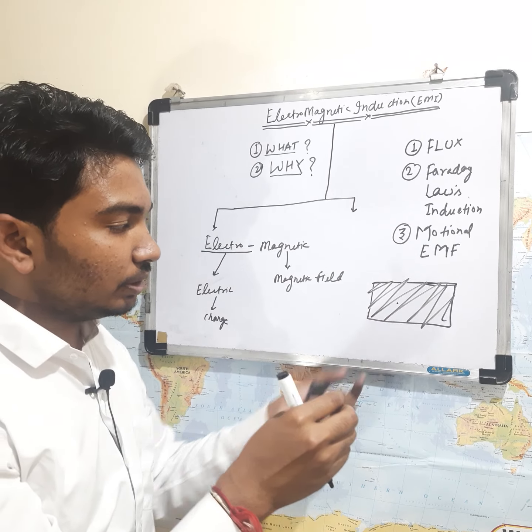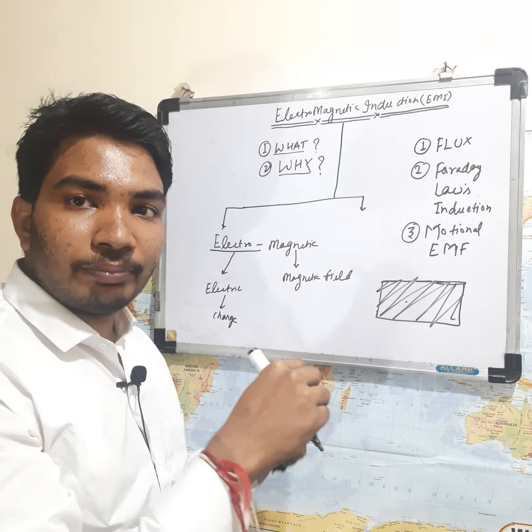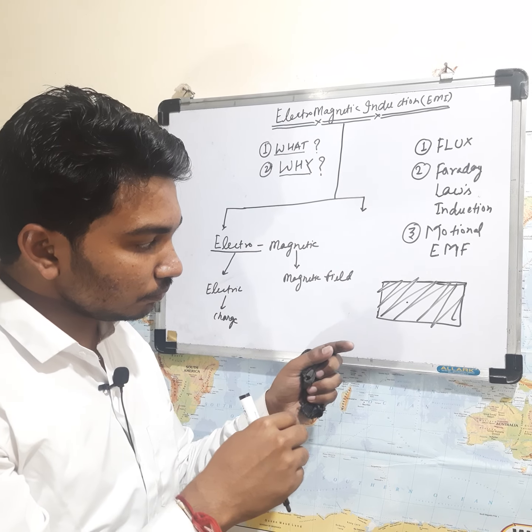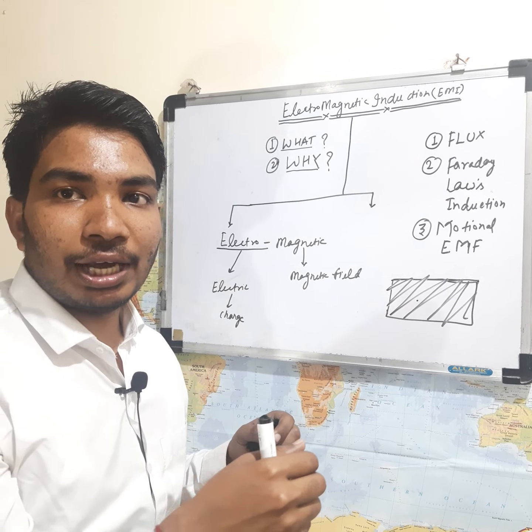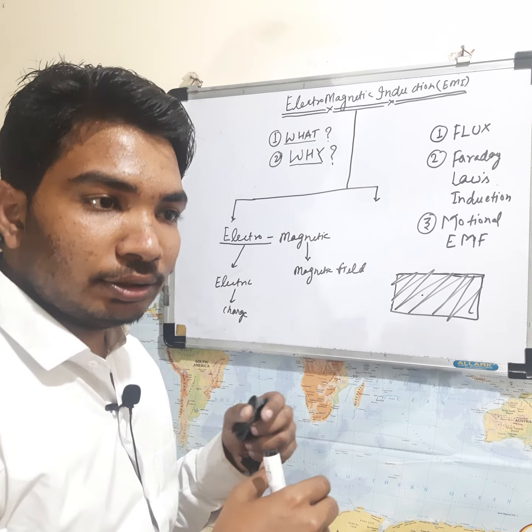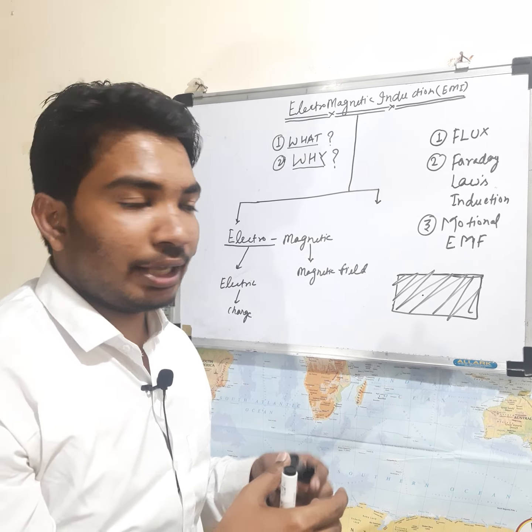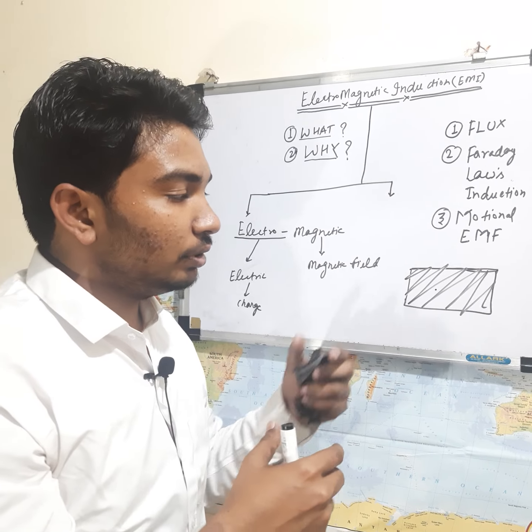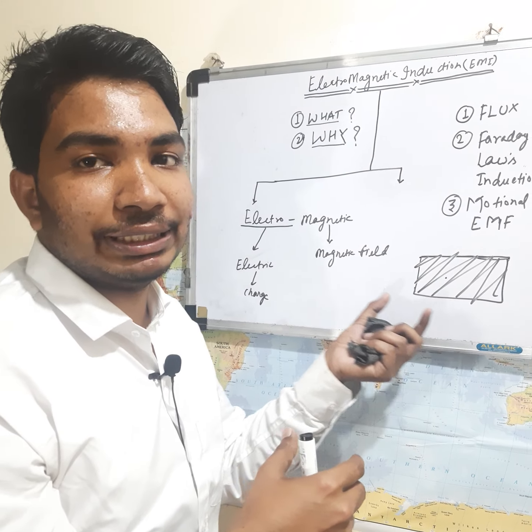The electric field and the magnetic field interact with each other and produce some effects that were seen by scientists, and they came up with the idea of the phenomenon called induction.